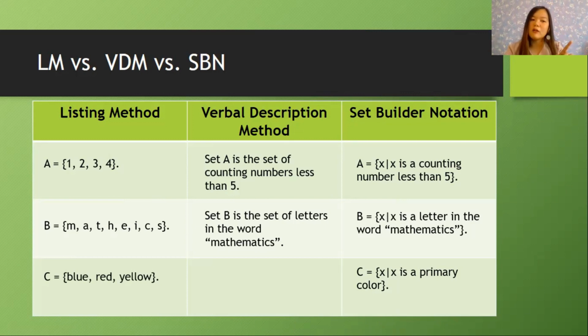For example, in set A, you can write it as 2, 3, 4, 1 if you want, but it is better in order: 1, 2, 3, 4. While in set C, blue, red, yellow, or you can write it as red, yellow, blue, or yellow, red, blue. That is okay because they are words. But the verbal description for that is set C is the set of primary colors.